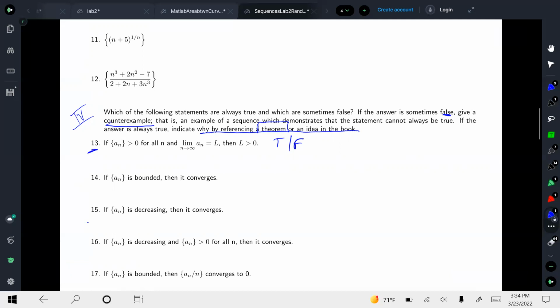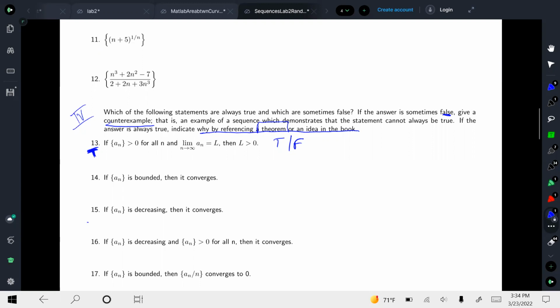I'm just giving this as an example, this might be false or true, I'm not sure. Let's say that question number 13 is true. Then you might not have to give a proper example, but I encourage you to do that.